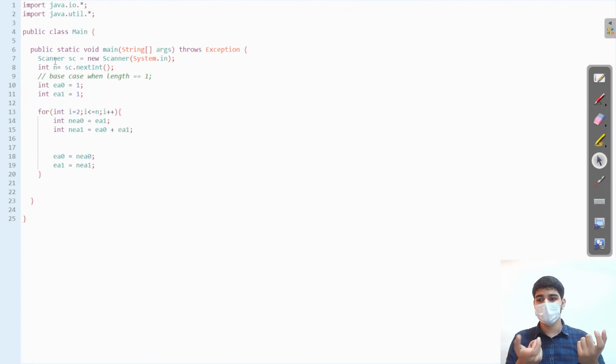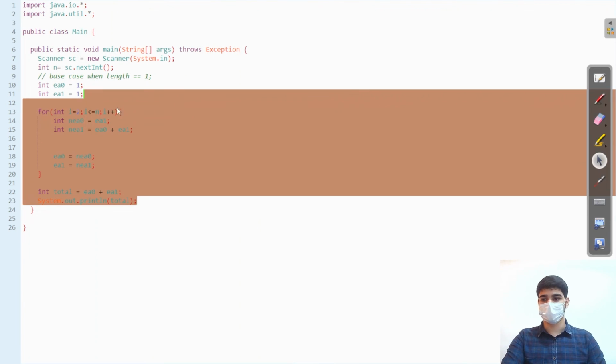All I have to do is add them up together and I would get my desired output. So let's take a variable total, which would have my answer, which is ending at 0 plus ending at 1, right? And I just have to print this now. So if I print my total, right, this should give my answer, right?